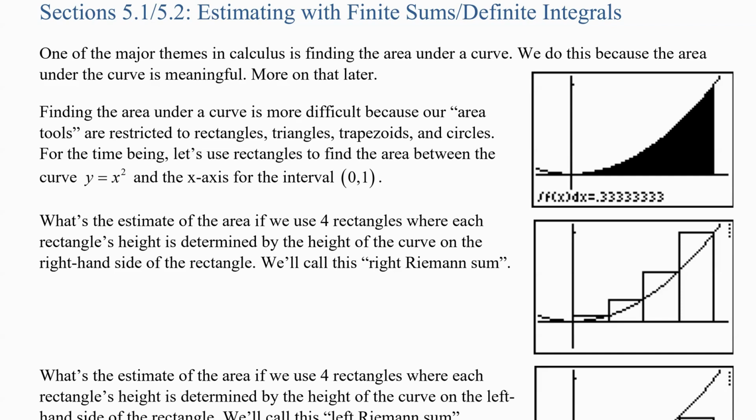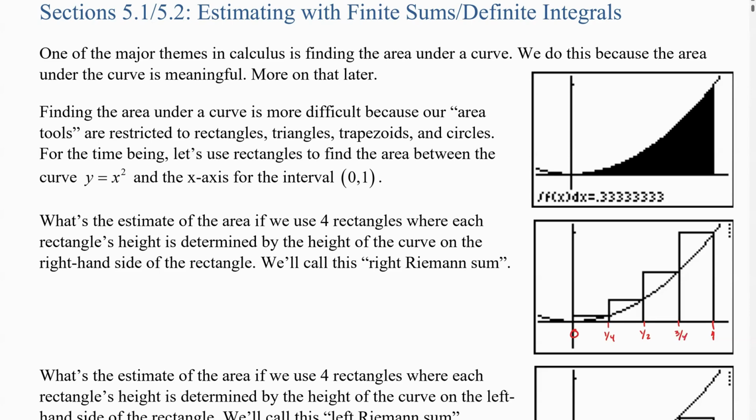So let's say we're going to break this down into rectangles, but we have to determine how tall each rectangle is. So what if we take this region from 0 to 1, and we're going to break it down into 4 subintervals, making this 1/4, this is x equals 1/2, and this is x equals 3/4.